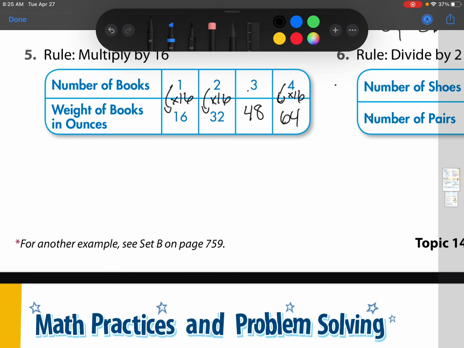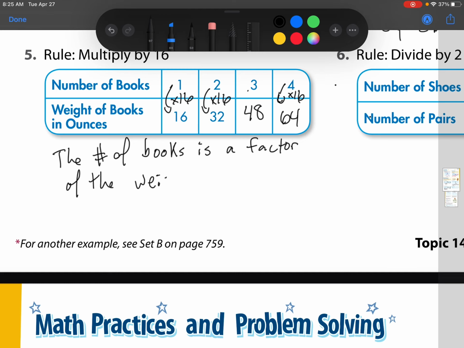Well, I noticed that the number of books is a factor of the weight. So notice this top part right here, they're all factors, they're all things we can multiply to get our weight.